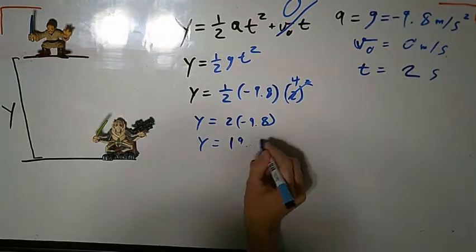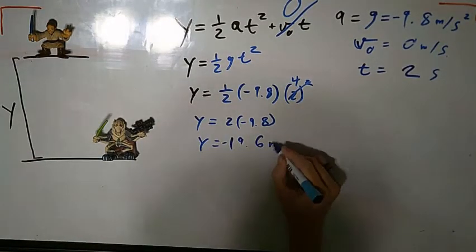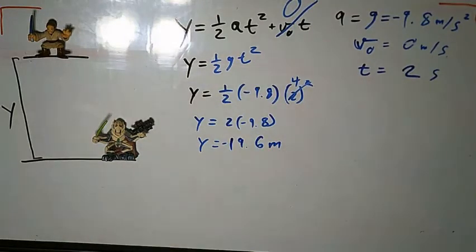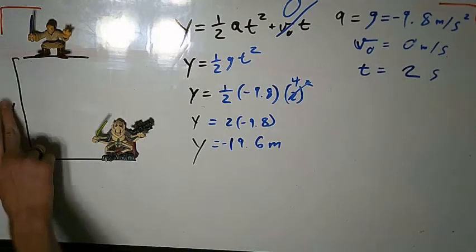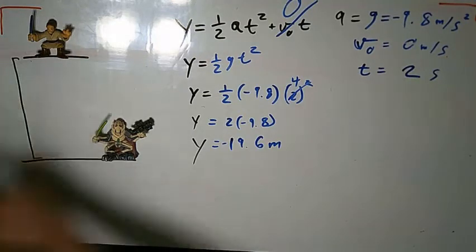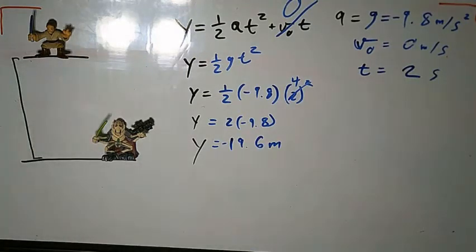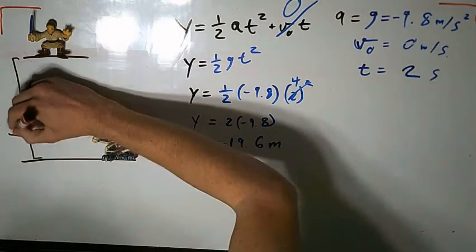So our final distance traveled is going to be 2 times negative 9.8, which is negative 19.6 meters. So we'll go ahead and replace that over on the side instead of y.